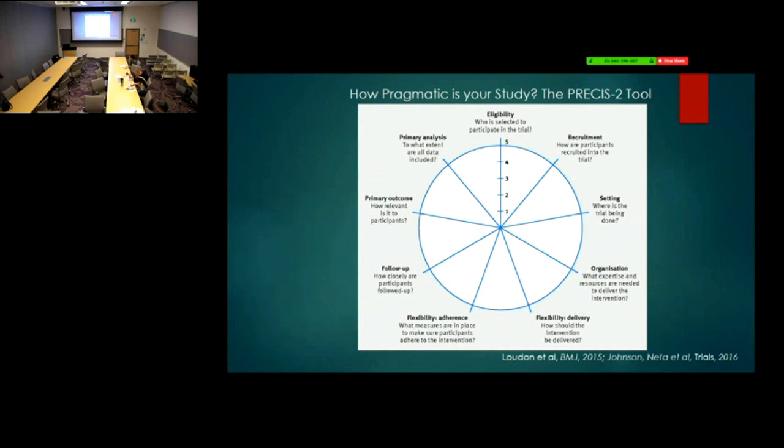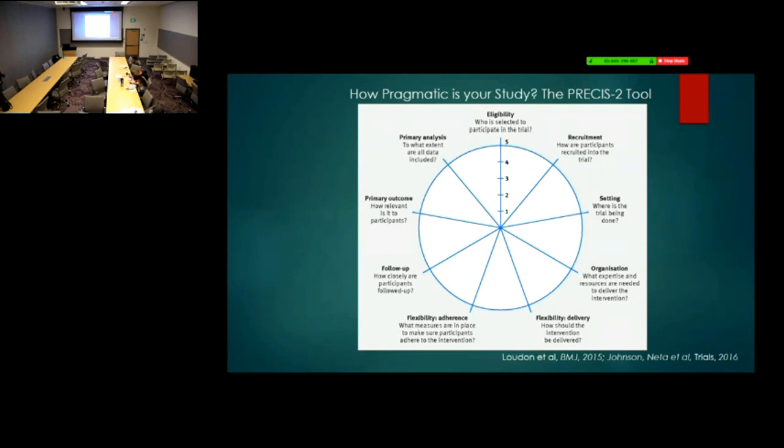So for an explanatory study where you're trying to build the evidence, there's something called the PRECIS tool. You can Google this and it'll come up with a website. I think it's Precis.org or Precis2.org or whatever. And I'm going to show you another slide with this filled out in two different ways.